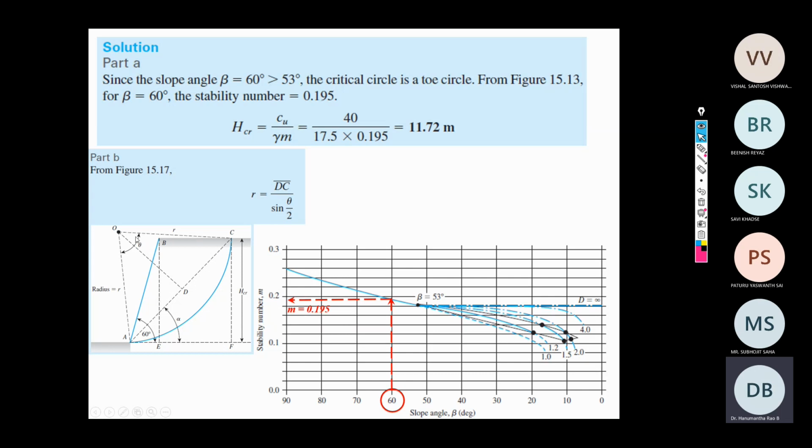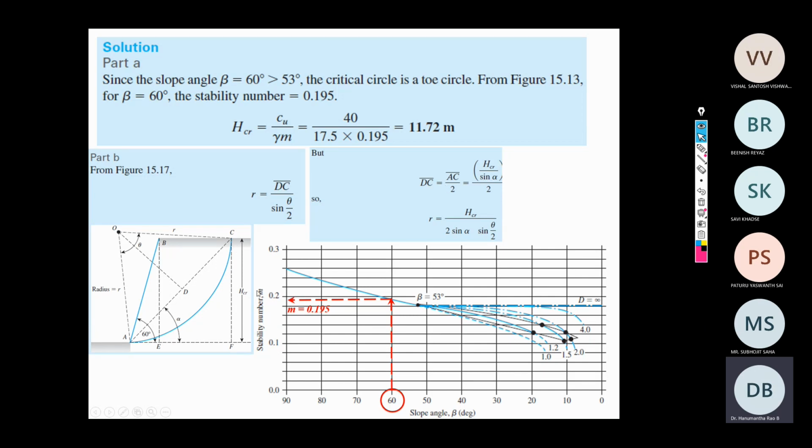Or if you take the triangle OAD, your angle will become theta by 2. So sine theta by 2 is equal to the opposite side by the hypotenuse. The hypotenuse is the radius R, the opposite side is the chord length CD. Now we can relate the chord length CD with the arc length, because we can determine the arc length but not the chord length.